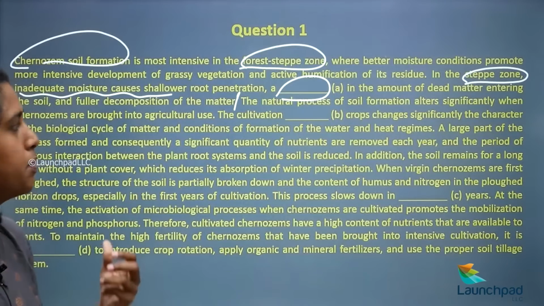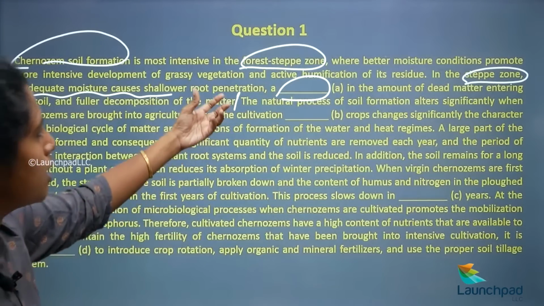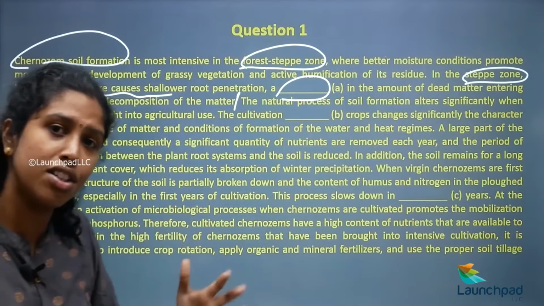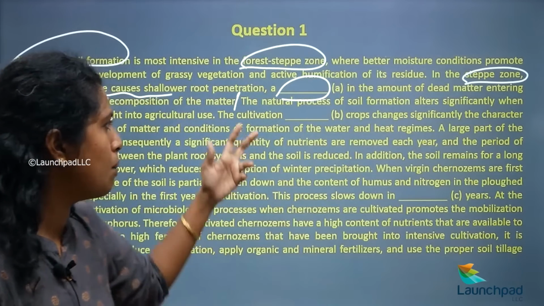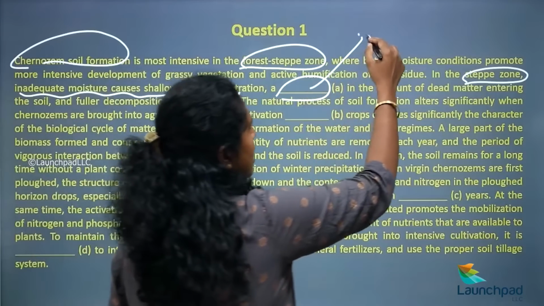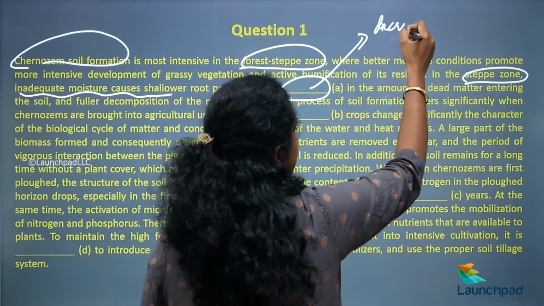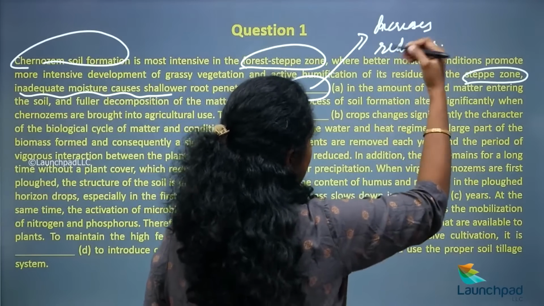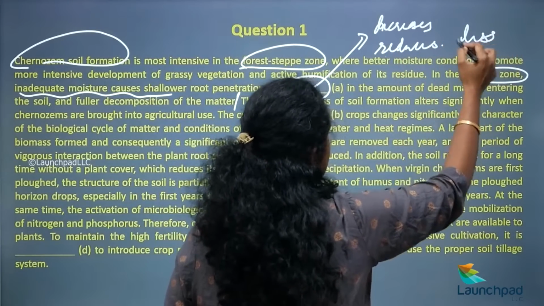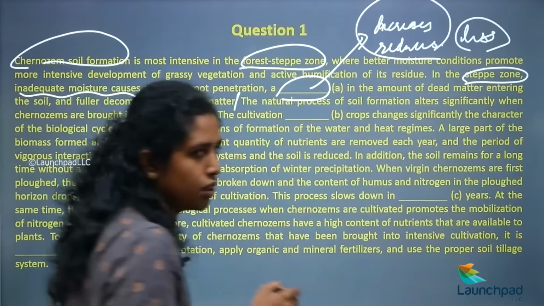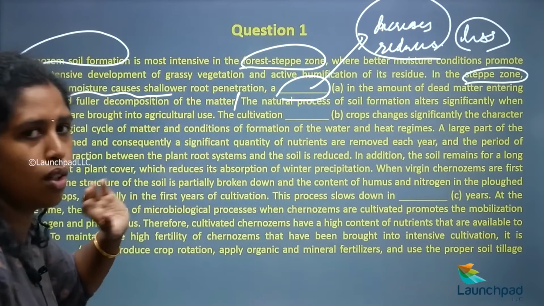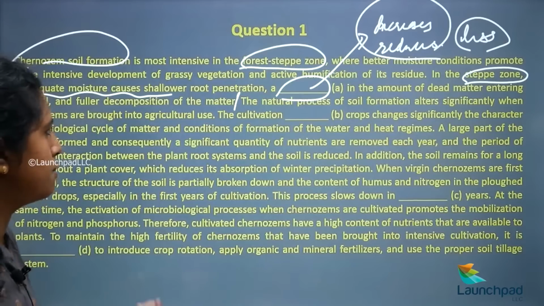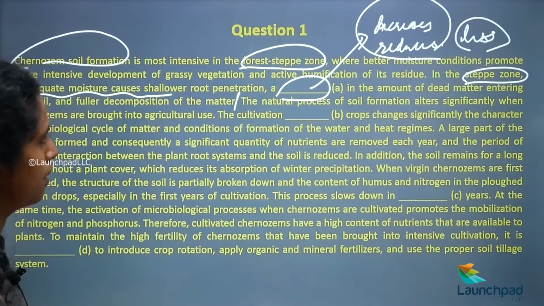The root penetration will be less. So what will happen then to the dead matter? Dead matter is used for enriching the soil process. So maybe for this blank it should be "decreases" or "reduces", something like that, or "becomes less". It should be related to this word only. So that is our identification, or probably our idea.